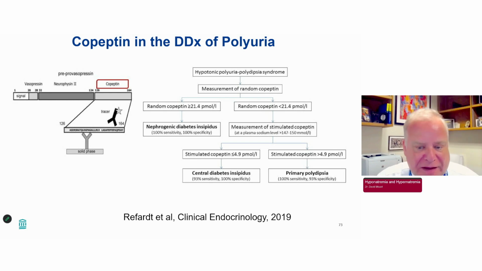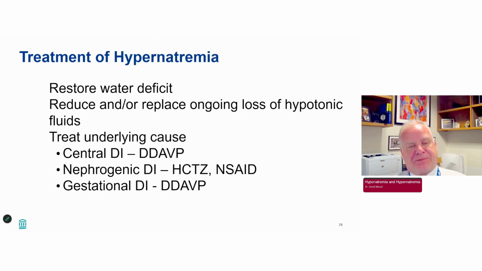Generally, you can't get vasopressin levels anymore. If the stimulated copeptin, either after a water restriction or after hypertonic saline, is less than 4.9, that suggests central DI. But if it's greater than that, that suggests primary polydipsia. And if it's greater than 20, that suggests nephrogenic DI.